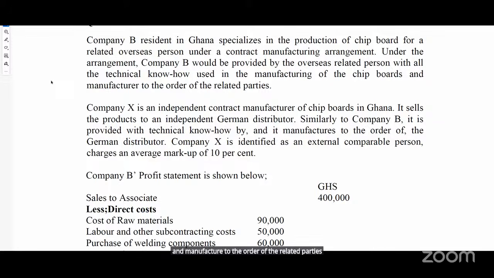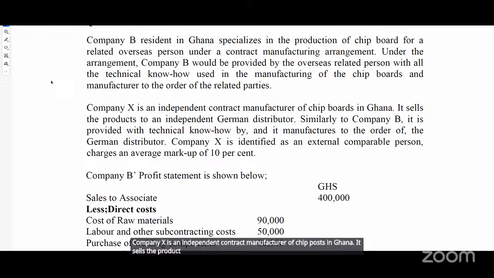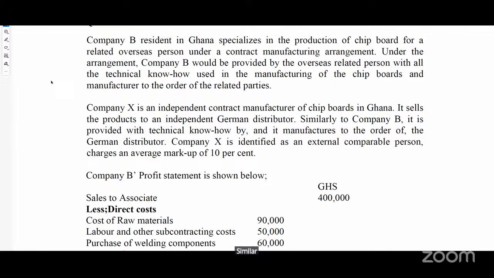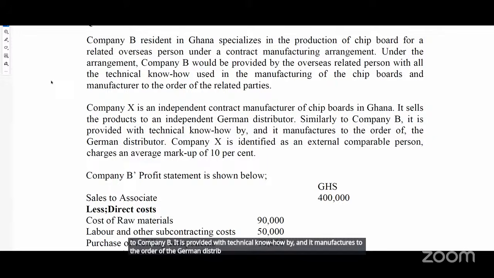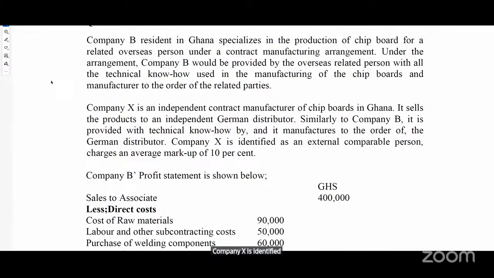Company X is an independent contract manufacturer of chipboards in Ghana. It sells the product to an independent German distributor. Similarly to Company B, it is provided with technical know-how and manufactures to the order of the German distributor. Company X is identified as an external comparable person and charges an average markup of 10%.